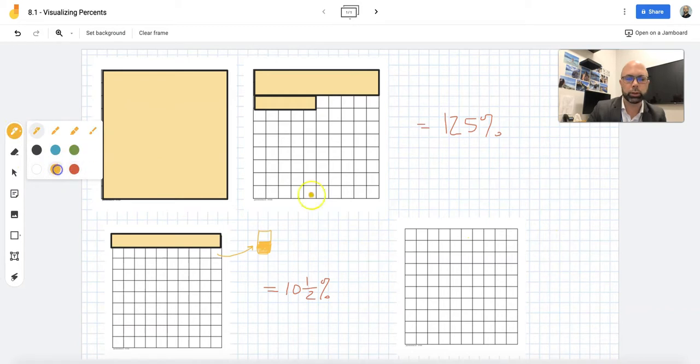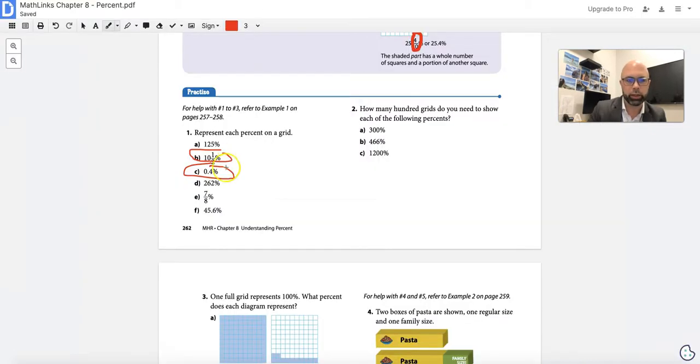Looks like I have the wrong color. So we're going to zoom out from 1. So just put a square around it. Zoom out from 1. And in this case, we do need, maybe that's how I got mixed up. We do need, like, 0.4% is the same as 0.4%.